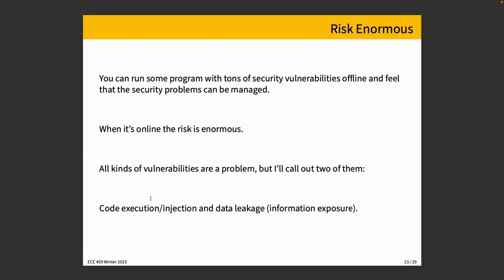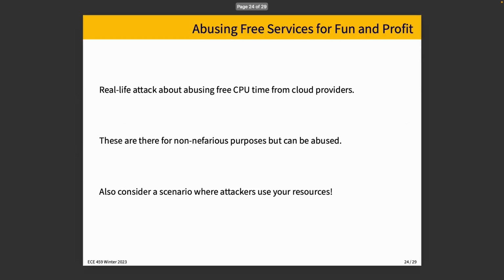There's an unlimited amount of things that can go wrong, but I want to talk about two very specific ones. I will talk about code execution and injection, and data leakage, also called information exposure. We're going to talk about code execution first, and it's exactly what it sounds like: attackers run their code using your platform.